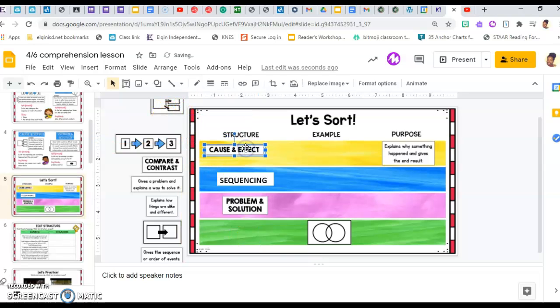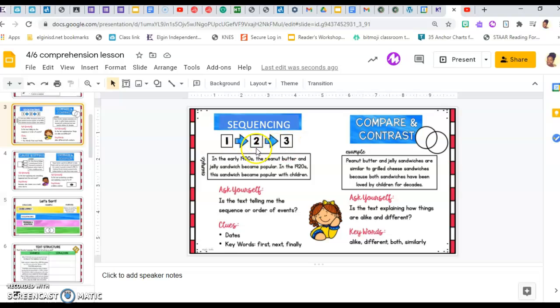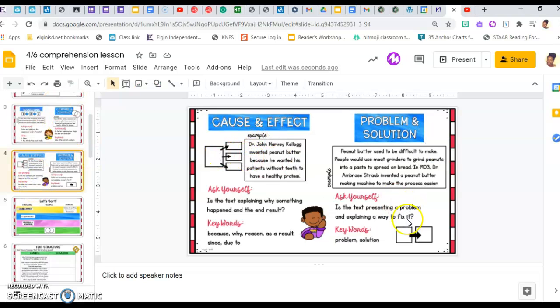Just like this. And then here is asking you for the image that goes along with each text structure. If you look on these two slides, each one has an image that goes with it.